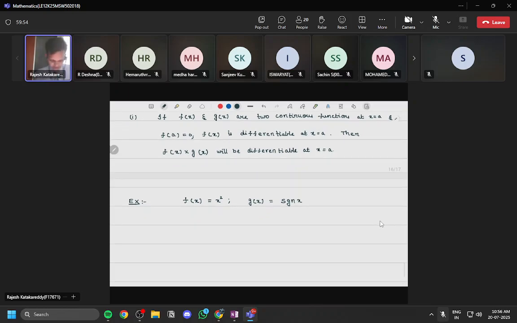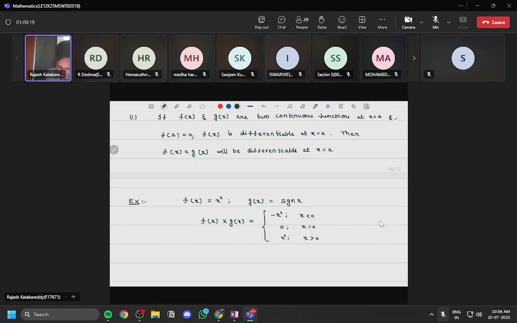So signum of x is clearly discontinuous at 0. Now f of x into g of x we have minus x square when x is less than 0, 0 when x is equal to 0, x square when x is greater than 0.